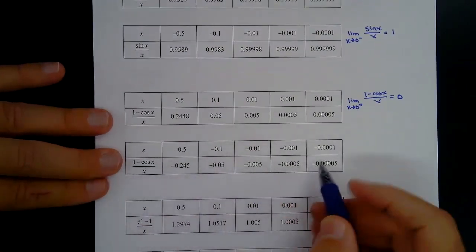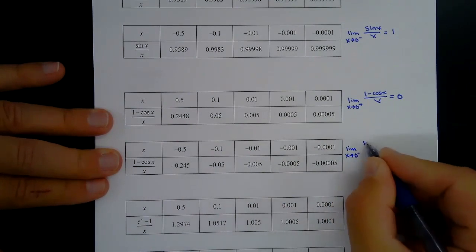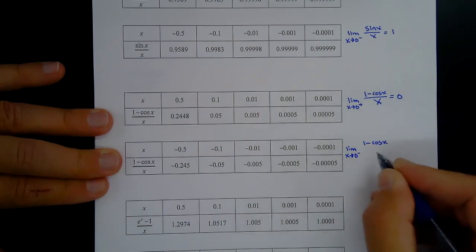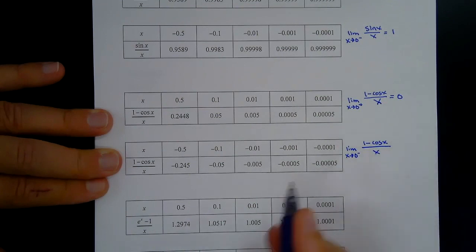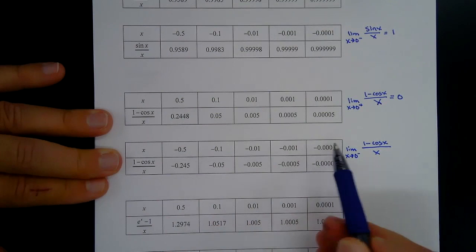So this one is the limit as x approaches 0 from the left of 1 minus cosine of x over x, because we're at negative 0.5, negative 0.1. We're getting closer and closer to 0, but from the left.